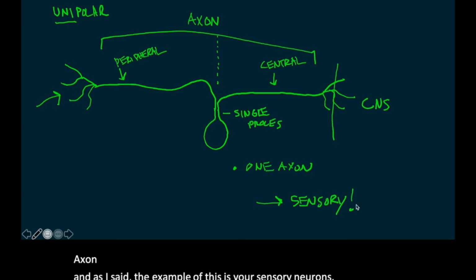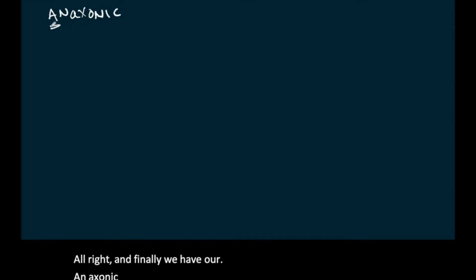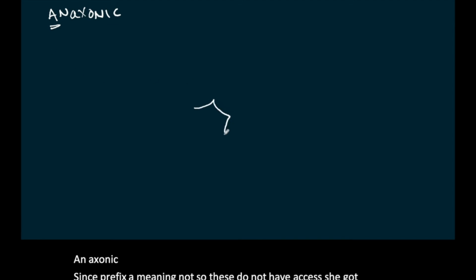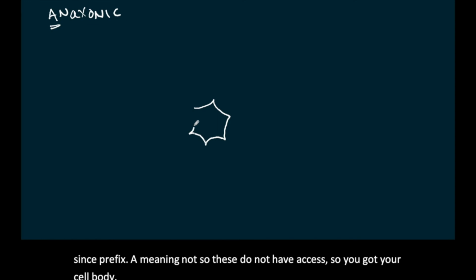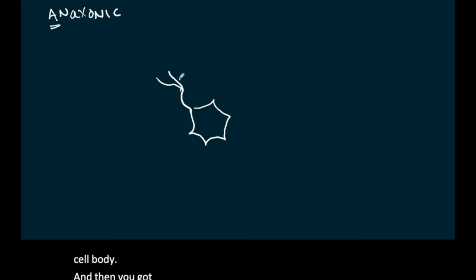All right. And finally, we have our anaxonic neurons. So this prefix a means not. So these do not have axons. So you got your cell body, and then you got dendrites. Only dendrites coming off of these neurons.